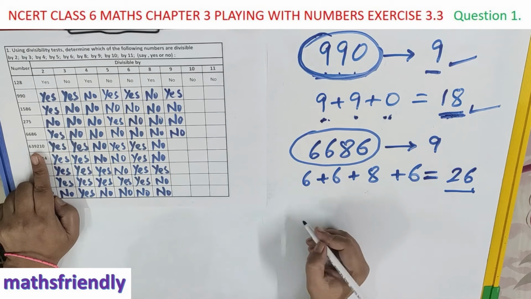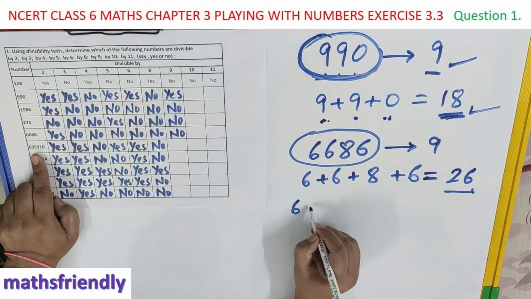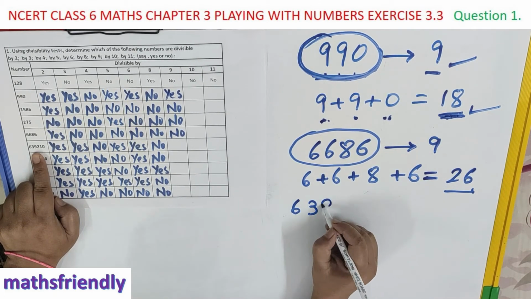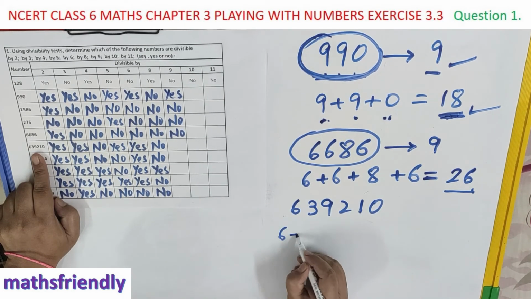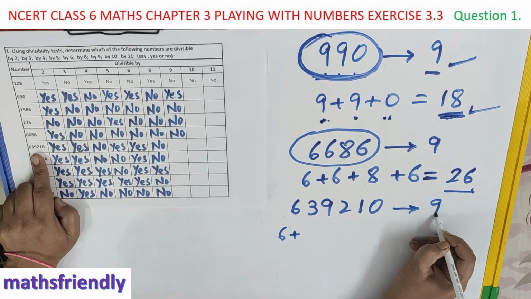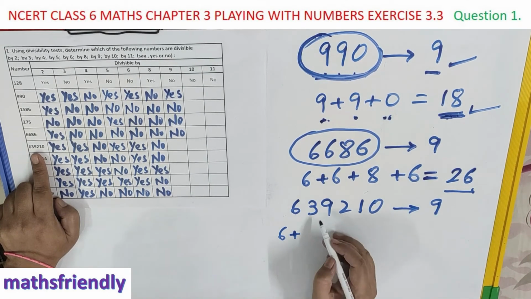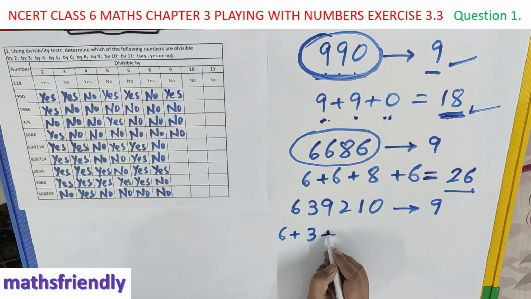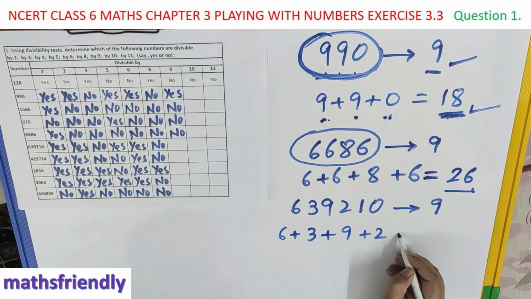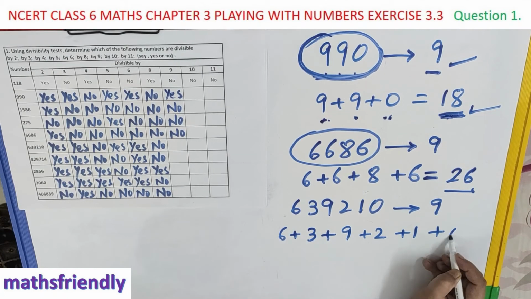Now what is the next number? The next number is 63920. What we have to do to check whether this number is divisible by 9 or not? We have to add the digits of the number. 6 plus 3 plus 9 plus 2 plus 0.